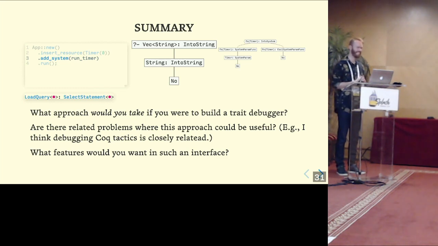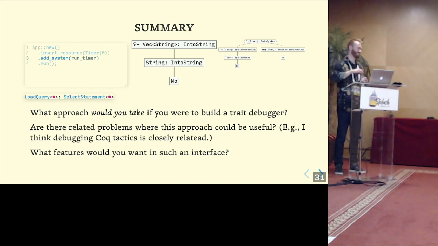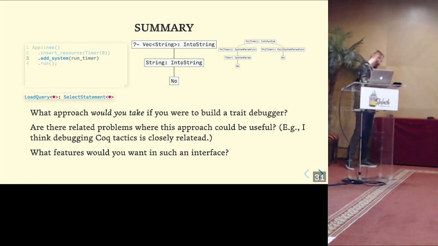I want to emphasize one thing for clarity, because I think there's a bit of confusion: is Prolog really in the Rust compiler? I think it is useful to think of it as yes. There is literally a Prolog interpreter in the Rust compiler, and these trait queries do literally become, not strings, but basically Prolog programs.